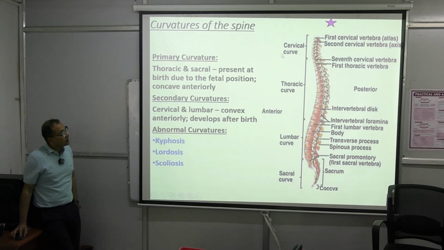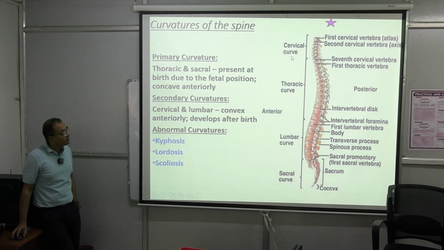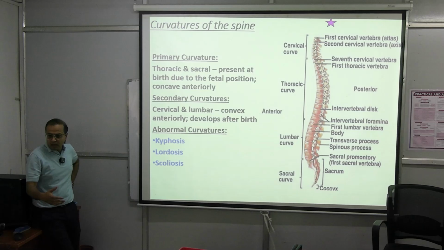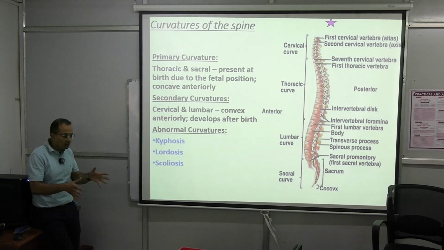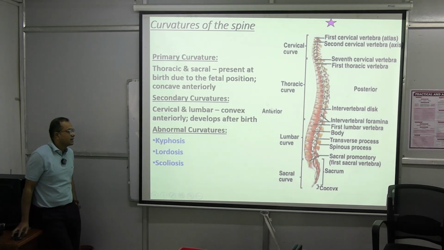The cervical curvature is acquired with movements of the neck and upper limb. The lumbar curvature is present in the lower back, at the junction of the back and the pelvis, and is acquired as we begin to walk and move the pelvis.